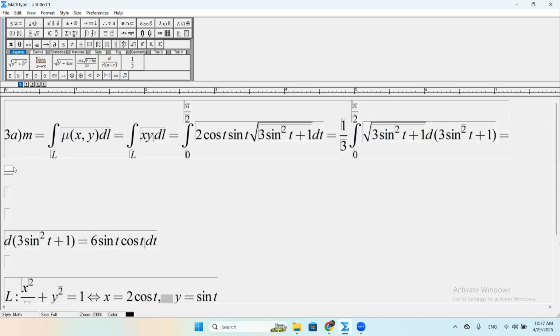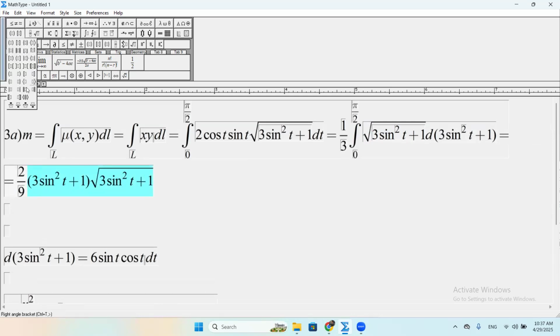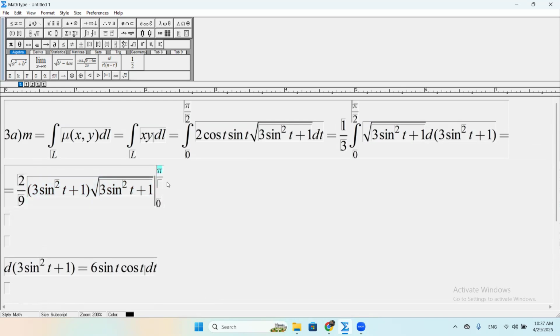So let's calculate this integral. What do we have? 2 over 9 and this expression to the power of three halves, with substitutions from 0 to p over 2. If I substitute p over 2 into the sine, we get 1.